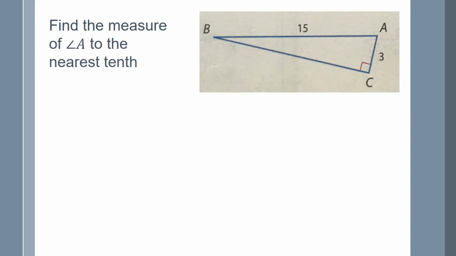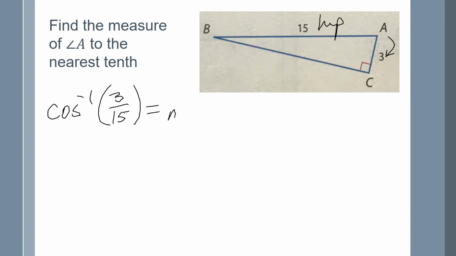Again, we want to find the measure of angle A to the nearest tenth. So I have the hypotenuse here. Angle A is here. This is adjacent. So I'm going to use the cosine. So cosine -1 of 3 over 15 is equal to the measure of angle A. So we take our calculator, we hit the trig function, I find my cosine -1 and I pull that up and I plug in 3 divided by 15.